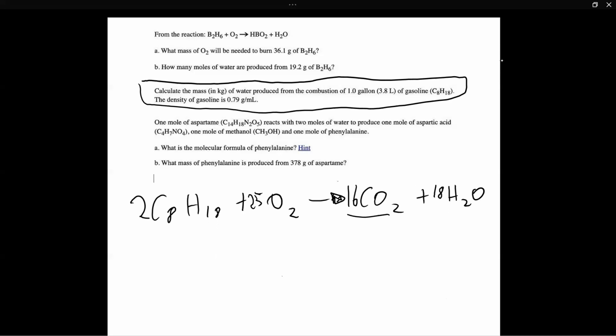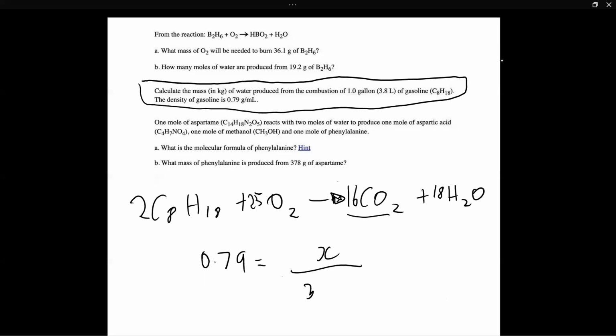But anyways, let's first find out the mass of gasoline that is being burnt. They have given us the density of gasoline. So that density is 0.79, which is equal to mass, which we don't know, x, over the volume. They've told us the volume, it's 3.8 liters. But since the density is given to us in grams per milliliter, we have to convert the liters into milliliters.